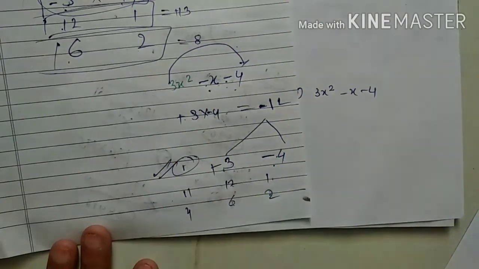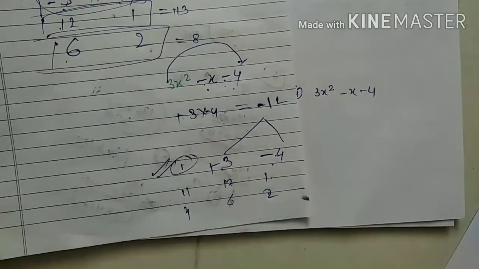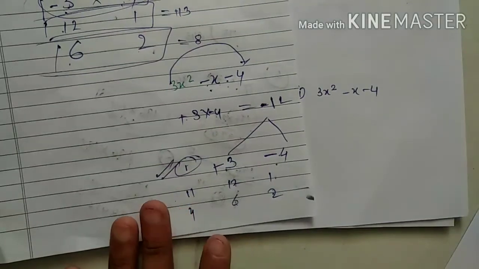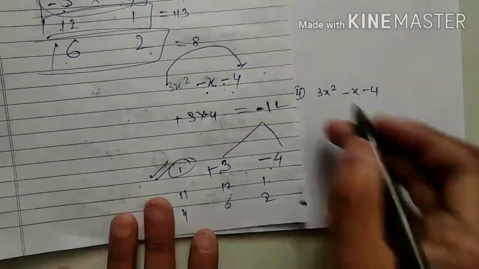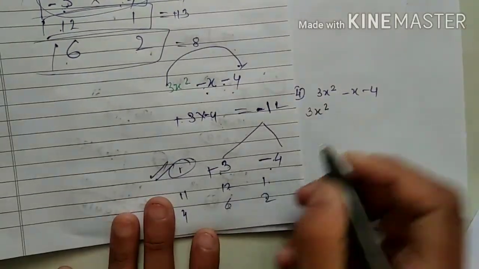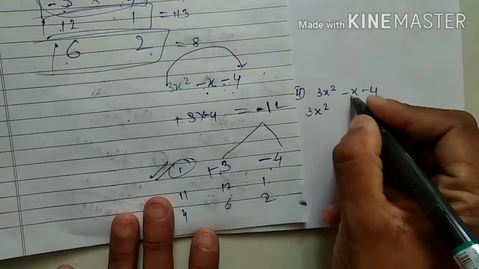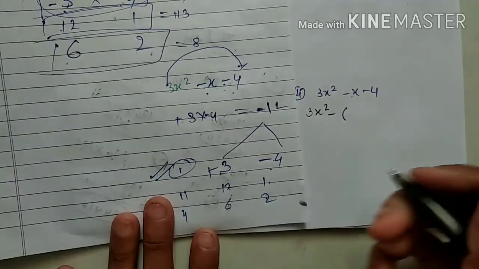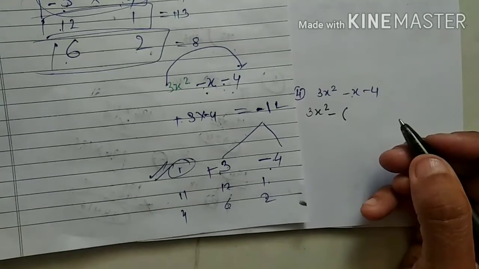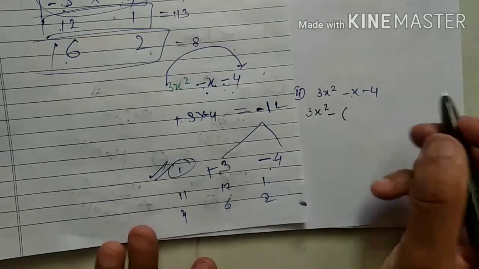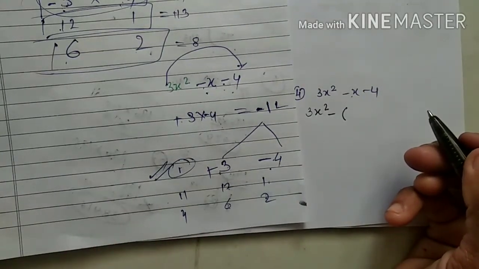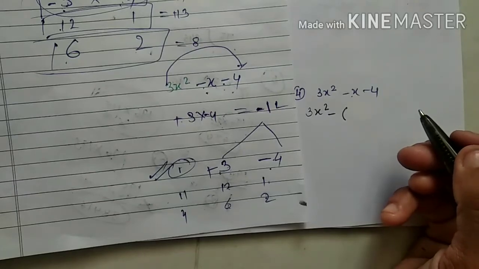So minus 4, plus 3. I have to put this value here. Just see how. 3x square, minus I am taking as a common. So what remains inside? Or without taking the common, you can write like this also. But no issue.